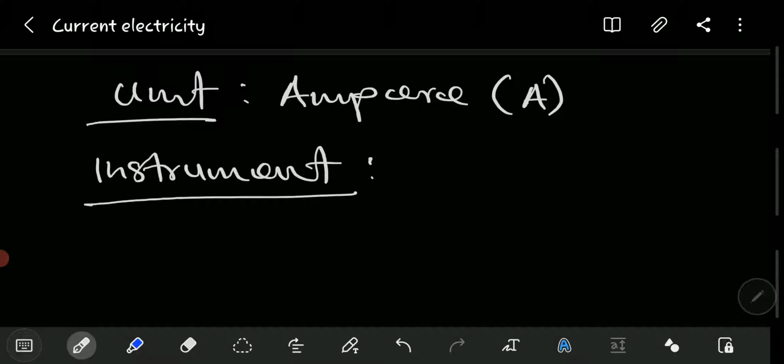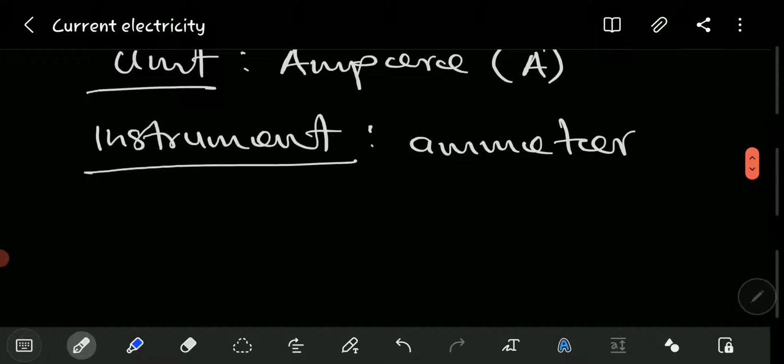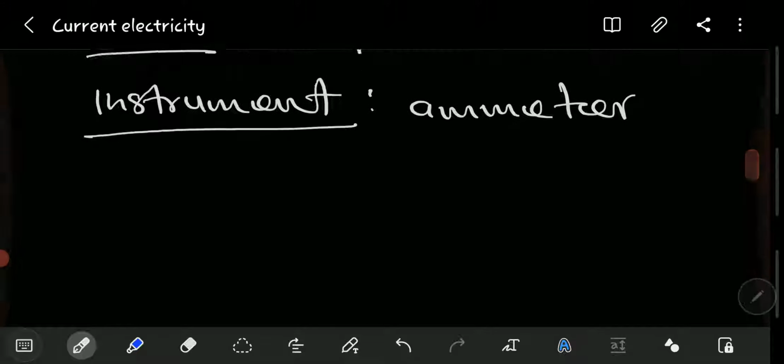So what instrument is used to measure electric current? So electric current is measured using an ammeter. So an ammeter is the instrument used to measure electric current.